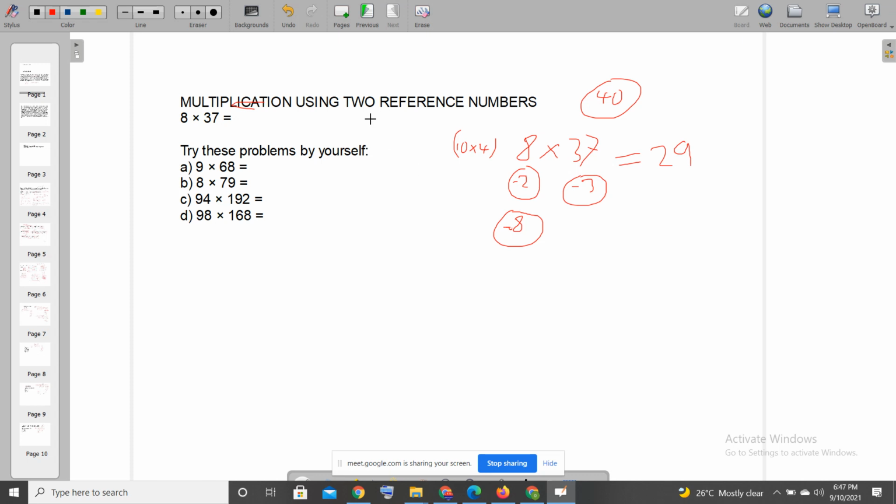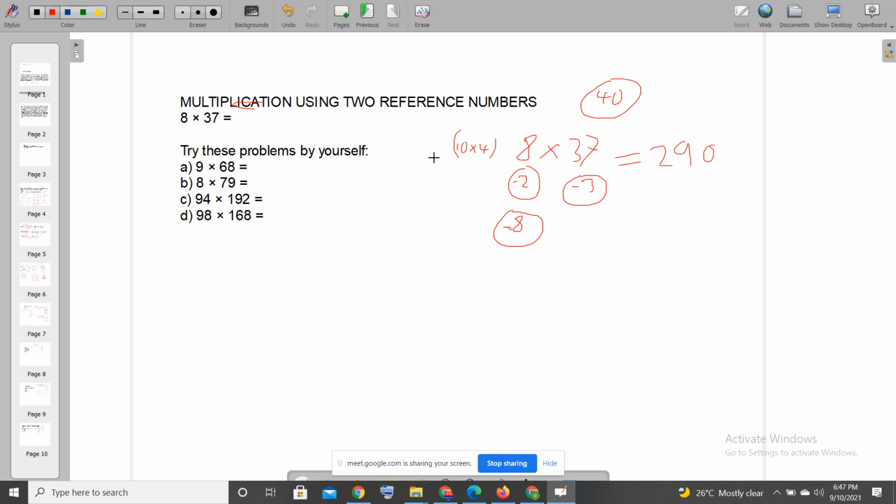The next one is 10 times this will give us what? 290. Okay, we've used the 2 for this, and we had this, and we subtract from this.